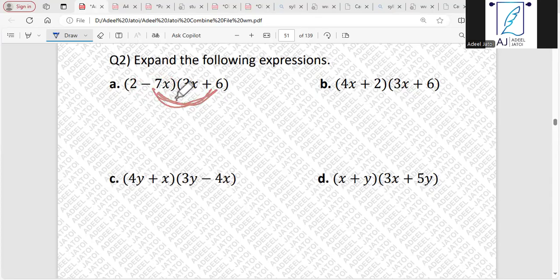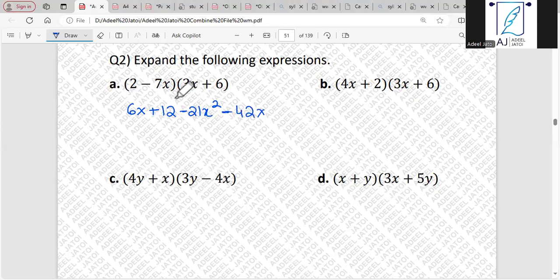So we're gonna do 2 into 3x will become 6x. 2 into 6 becomes 12. Minus 7x into 3x becomes minus 21x squared. And this is minus 7 into 6 becomes what?